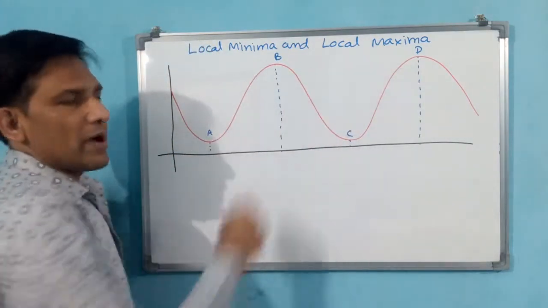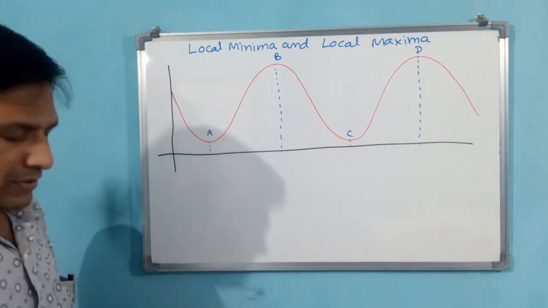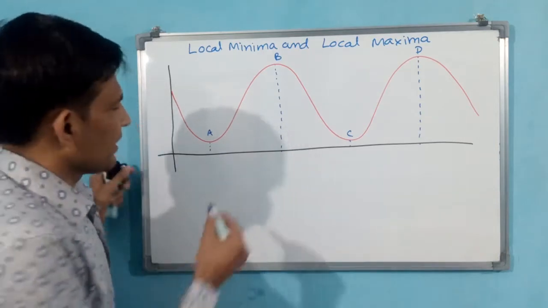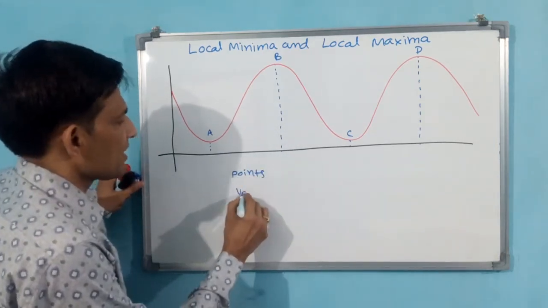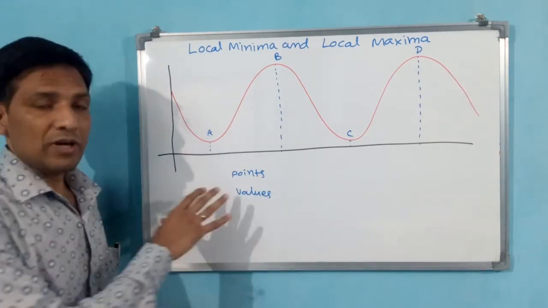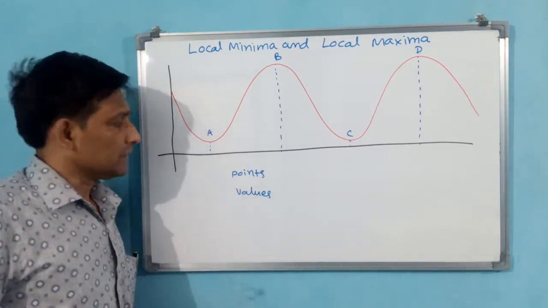Understand the points A, B, C, D. Here you have to understand some concepts. I am talking about points, and I am talking about values. How these words are used, and why they are important, you have to understand here.